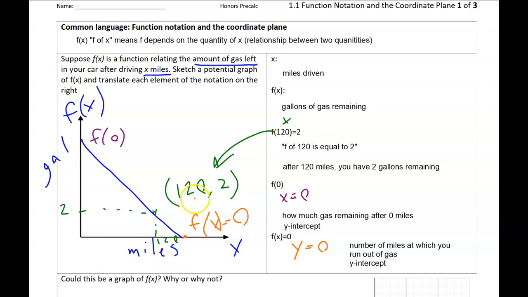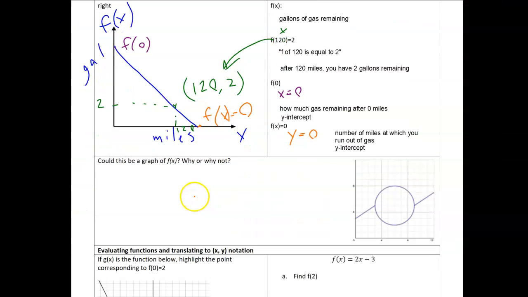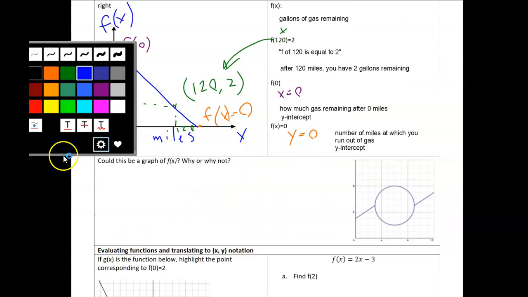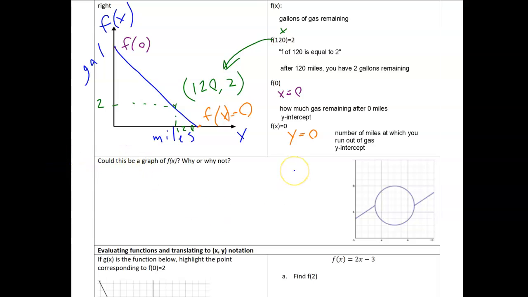We're going to move on and consider just a couple of other situations with this notation. The first is whether my graph over here could be a function, right? So could this be a graph of f of x, and then we explain why or why not. And the answer here is no. And this is the vertical line test, right?